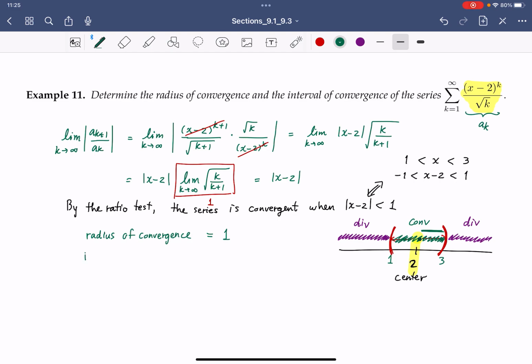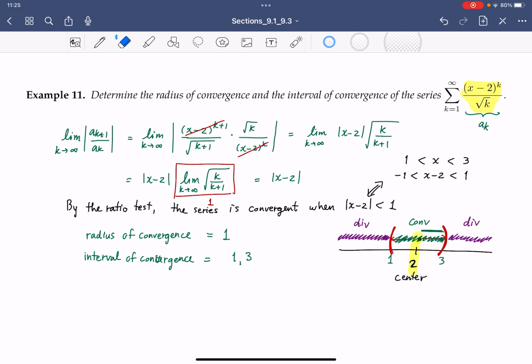But the interval of convergence is going to be between 1 and 3, but you are not sure whether it's going to be a soft bracket or a hard bracket at each end. It depends on whether you get convergence or divergence at 1 and 3. Does it make sense? So you just need to figure out at 1 and 3 by yourself.